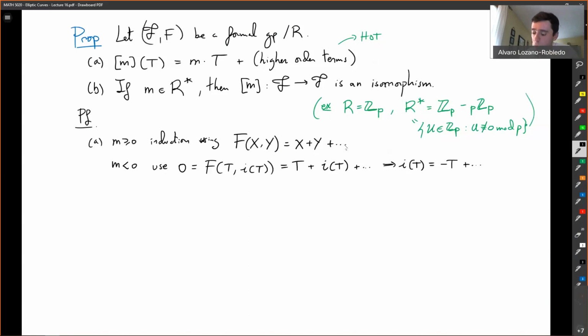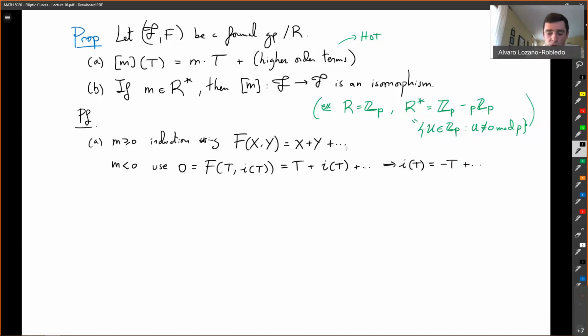Okay, so that tells you that the map which is multiplication by -1 starts with minus T, and multiplication by -2 will start with -2T, and so on, again using an induction, but now in the negative integer direction.